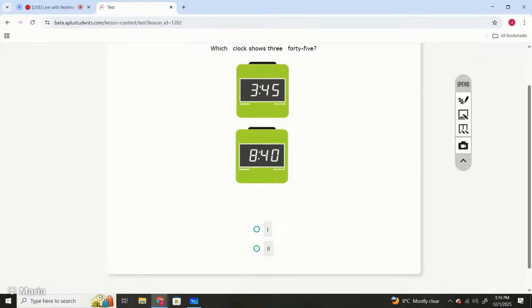Which clock shows 3:45? So which is the correct option? 3:45. 3 hours and 45 minutes, right? Option number 1 is the correct option.